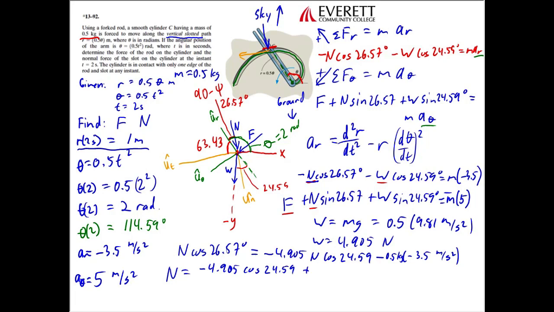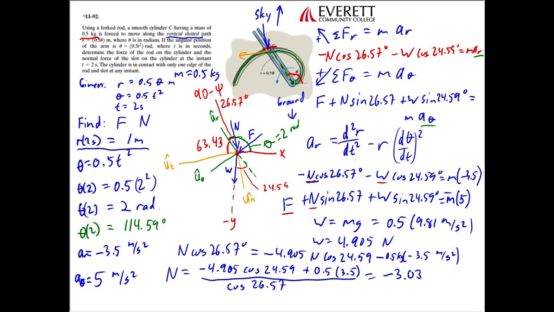You can see I had two negatives there, so I made a positive. Divide the whole thing by the cosine of 26.57. Okay, plug that into my calculator and I get negative 3.03 newtons.